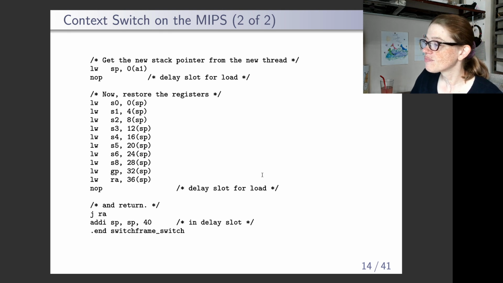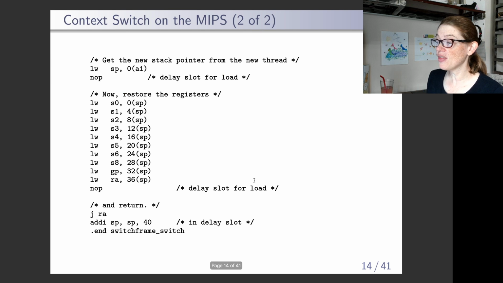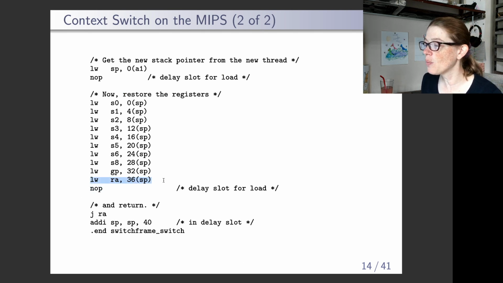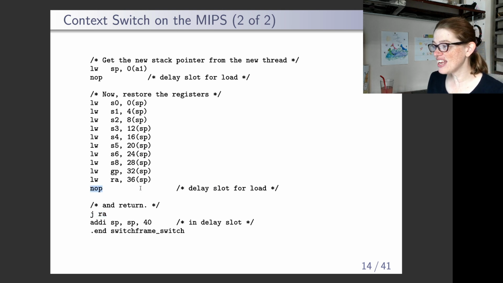All right. So there are other, by the way, delay slots. So you'll see here we are restoring the return address register, and then we are jumping to the return address. And you'll notice here that we are putting something in the delay slot of the load again. And the jump instruction also has a delay slot.